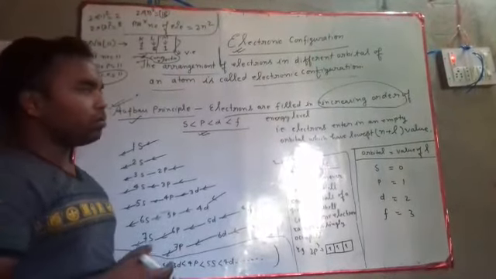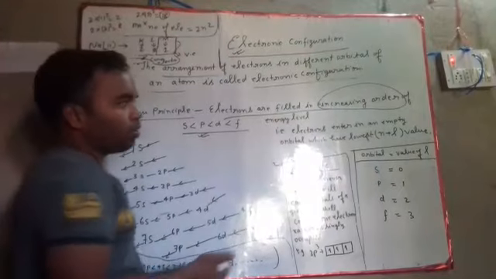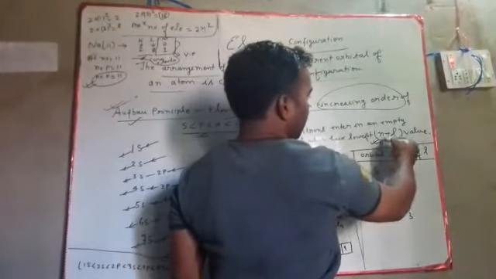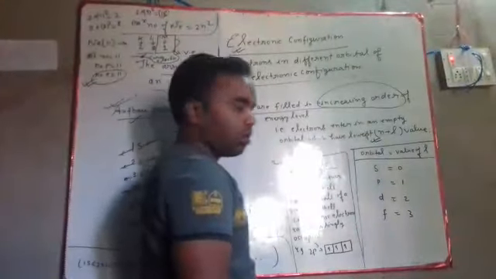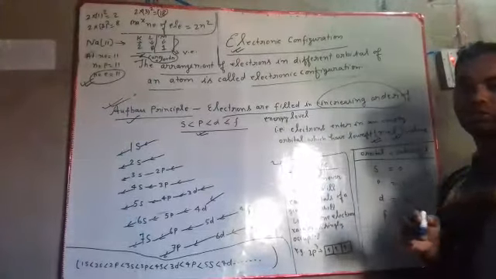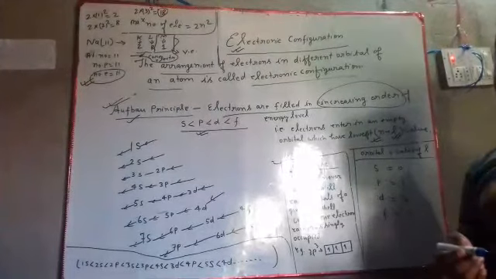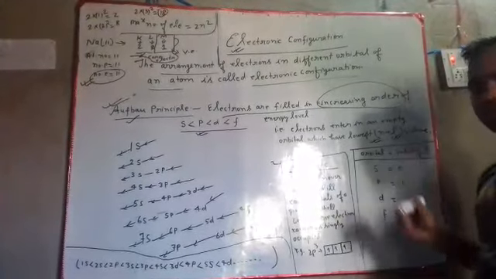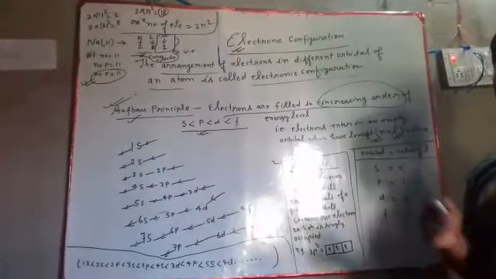For simplicity, we have the concept of N plus L value. What is L? It is not needed that you understand the concept of L and what L refers to; you will study that in the higher class.